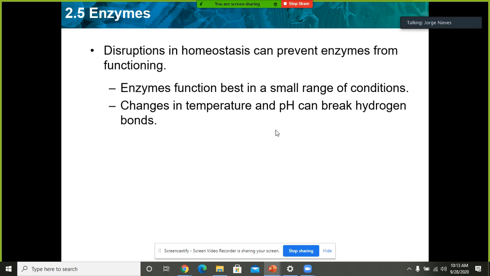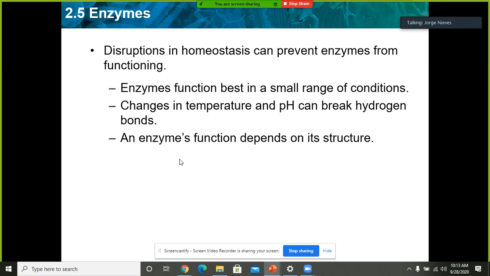Okay, so in other words, a catalyst makes the chemical reaction occur faster because it lowers the activation energy needed for the chemical reaction to start. Okay, for example, if changes in temperature or pH break the hydrogen bonds, we can see that the enzyme function is going to be disrupted.